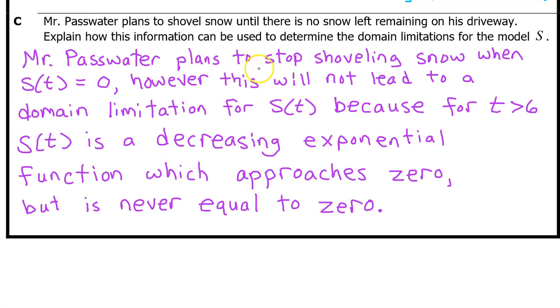Mr. Passwater plans to stop shoveling snow when S of t is equal to 0. However, this will not lead to a domain limitation for S of t because for t greater than 6, S of t is a decreasing exponential function which approaches 0 but is never equal to 0.